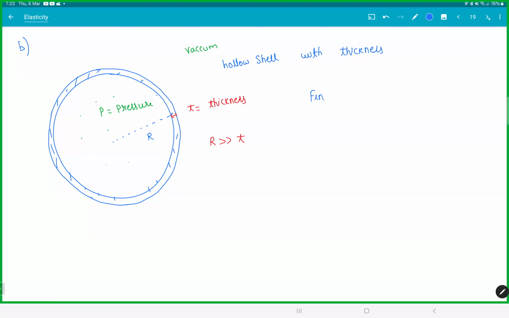So the question is find the maximum pressure so that the shell doesn't break. So if you keep on pumping more and more air or more pressure, at some point the shell will just pop like a balloon.